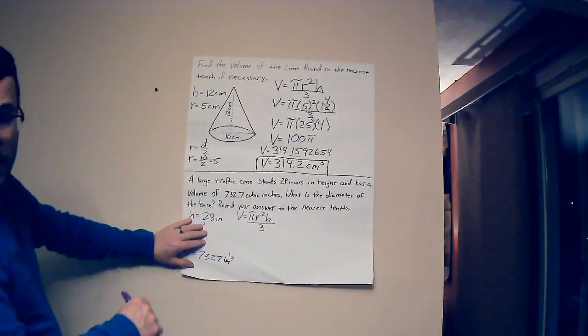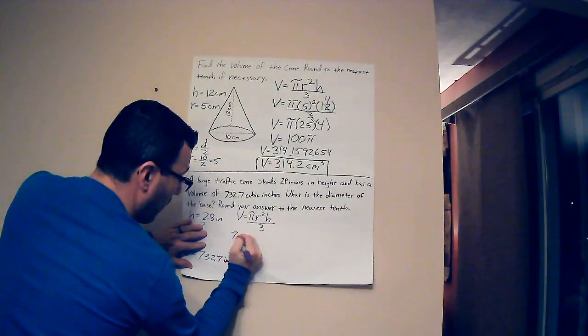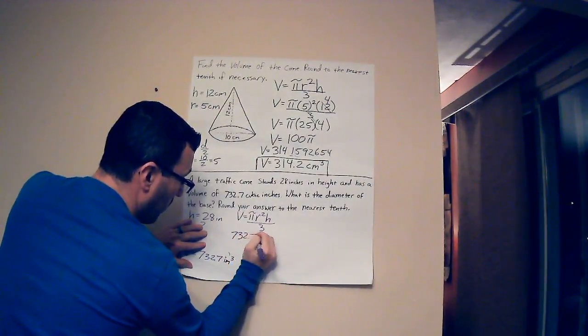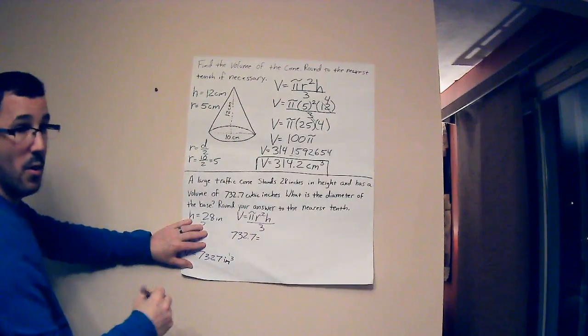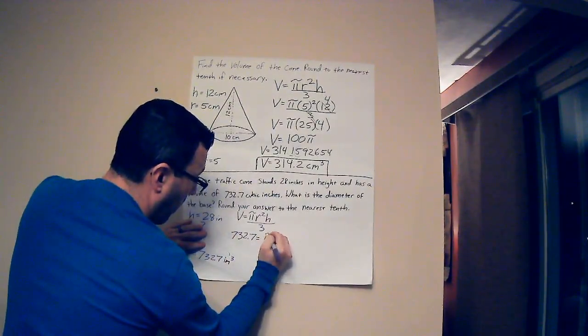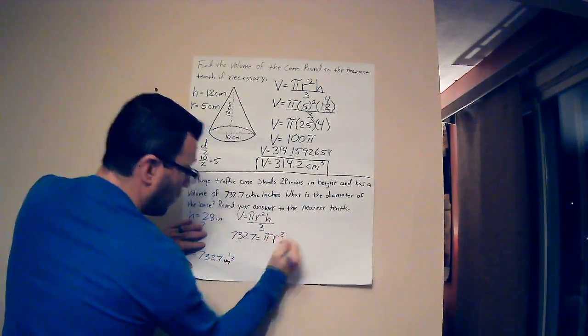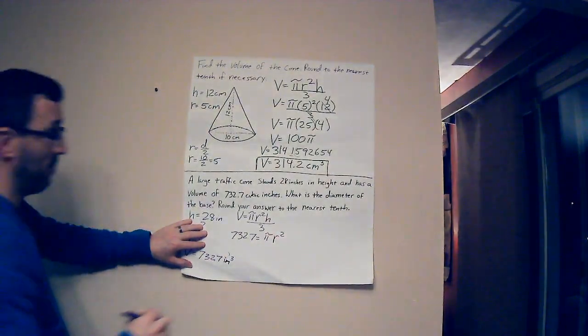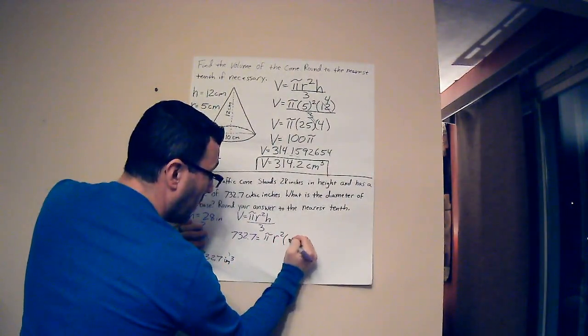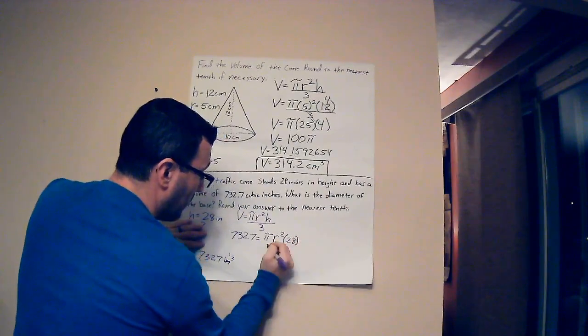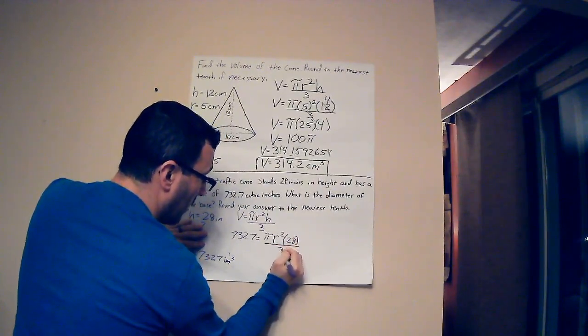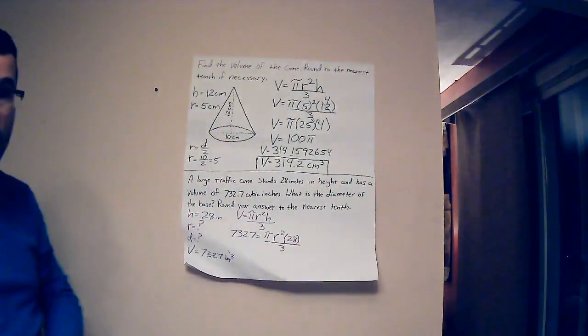The volume is 732.7. Pi is pi. We don't know r, so r squared is going to stay that way. And our height is 28. And everything's going to be divided by 3.